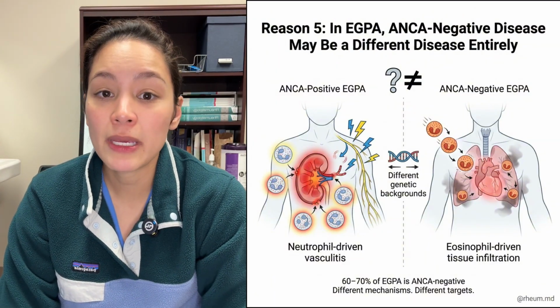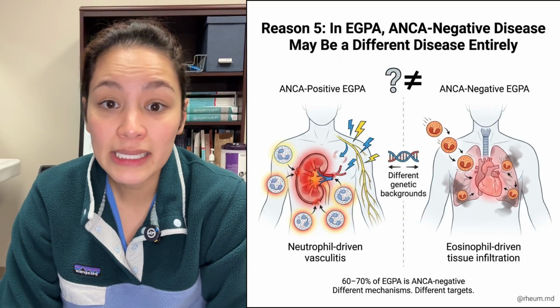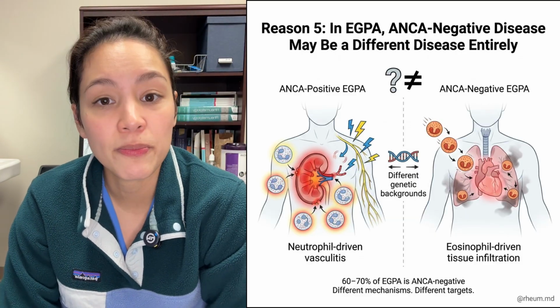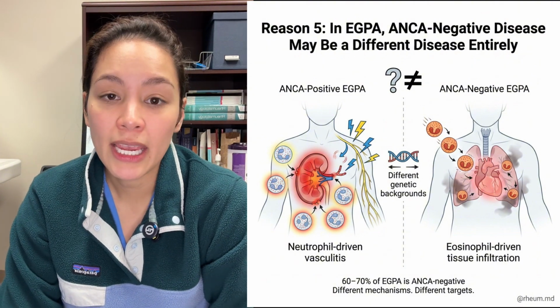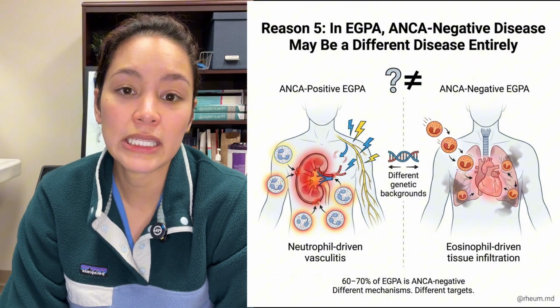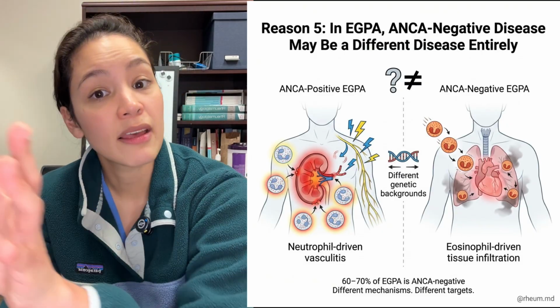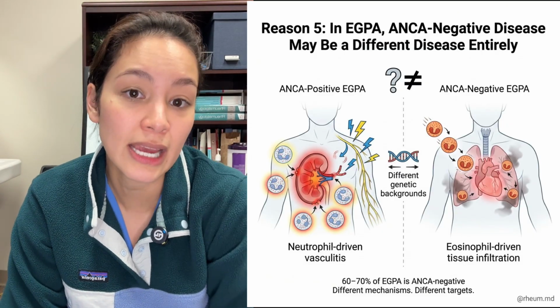ANCA-positive eGPA behaves much more like a classic vasculitis with kidney inflammation and nerve damage. ANCA-negative eGPA behaves much more like a hypereosinophilic disorder, where the eosinophils are directly invading the heart and lungs and causing damage.